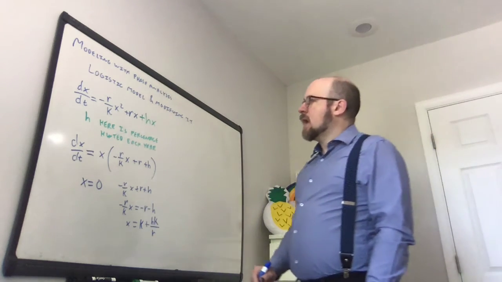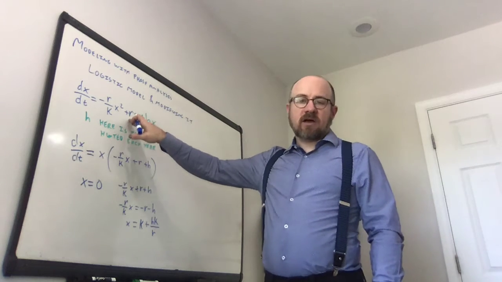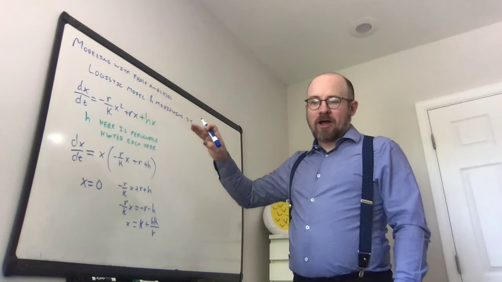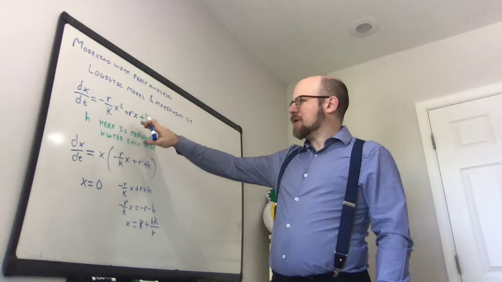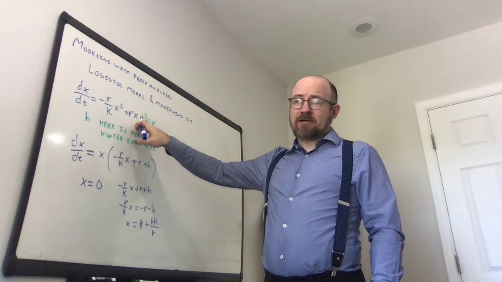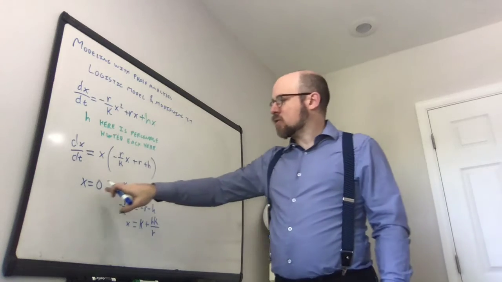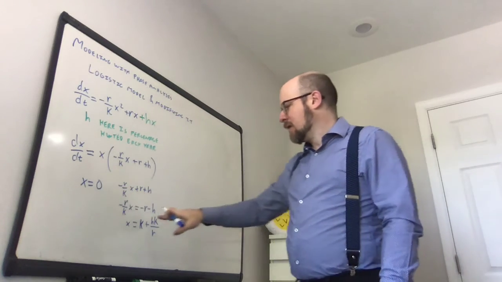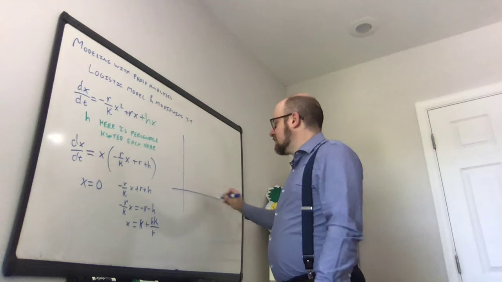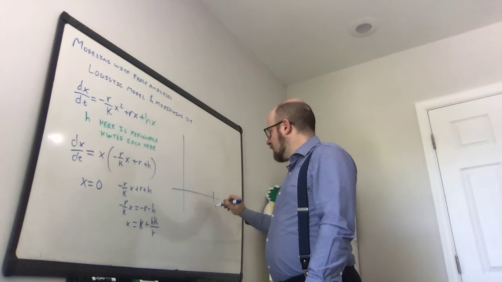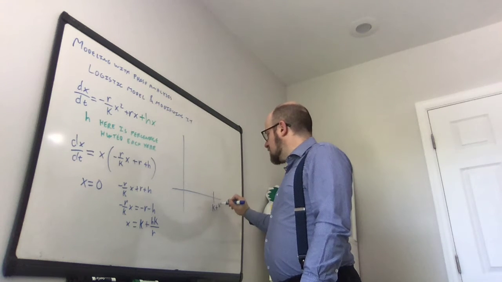Okay? And so if you look at this equation, exactly like what we had before, we have a parabola. It faces down. It's going to cross the x-axis at 0 and at k plus hk over r.